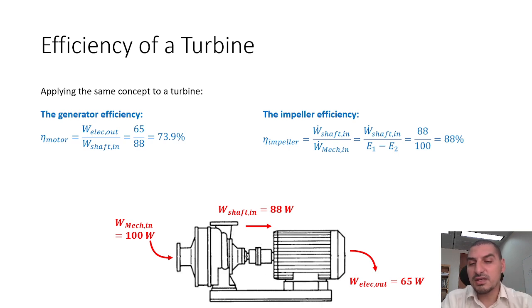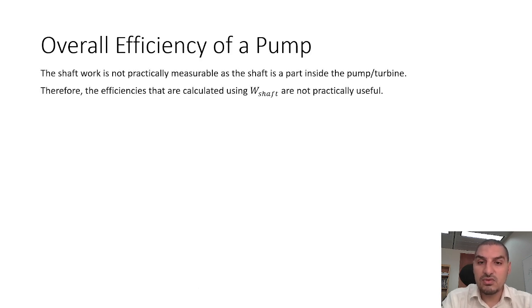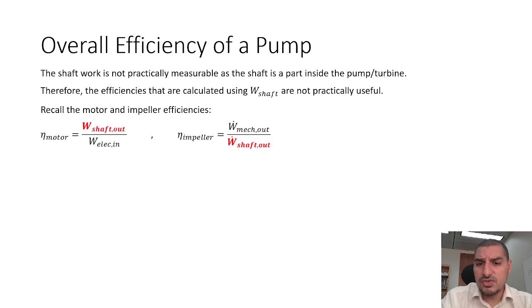So it's not a practically measurable term, which is the shaft work. So dealing with the efficiencies that contain the shaft work is not practical, which makes the two efficiencies that we have here for a pump not practical for practical use.